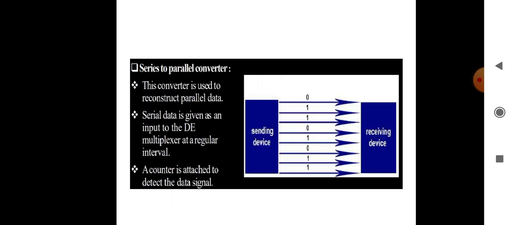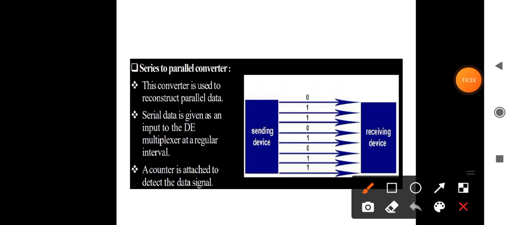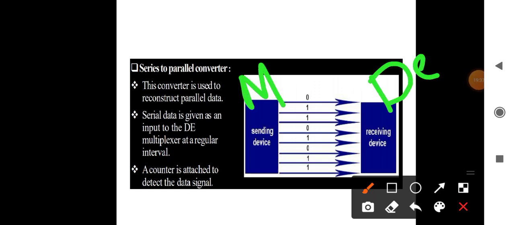So, a series of parallel converters. This converter is used to construct parallel data. Serial data is given as an input to the demultiplexer at regular intervals. A counter is attached to detect the signal. At the sending end we usually put the multiplexer, and at the receiving end we usually find the demultiplexer.